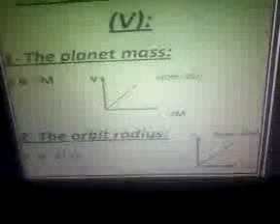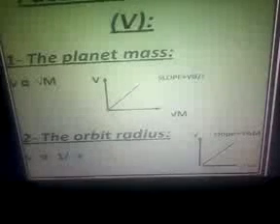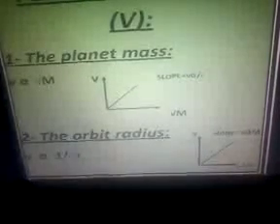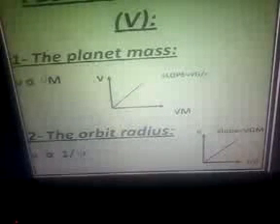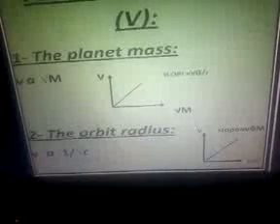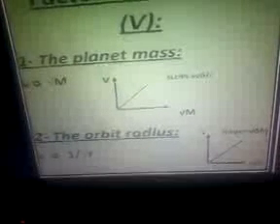But if you draw v on the y-axis against 1 over root r on the x-axis, you get a straight line of slope equals root G M. By knowing G, you can get M, the mass of the planet.